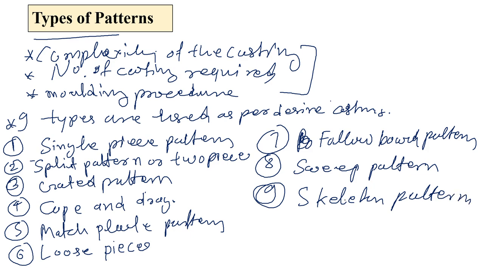So nine types of patterns are used as per your requirement: which shape you require, what the complexity of the casting is, how many castings you require, and what the molding process will be. On this basis the patterns are used, and we will discuss them one by one so we can understand the characteristics of each pattern.